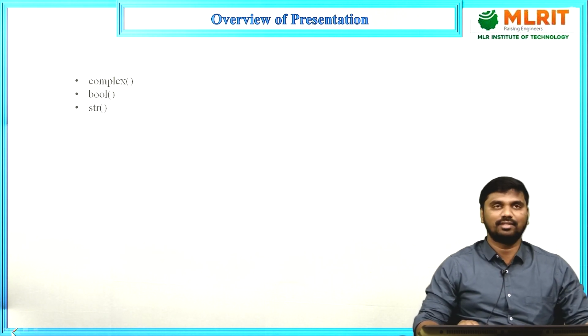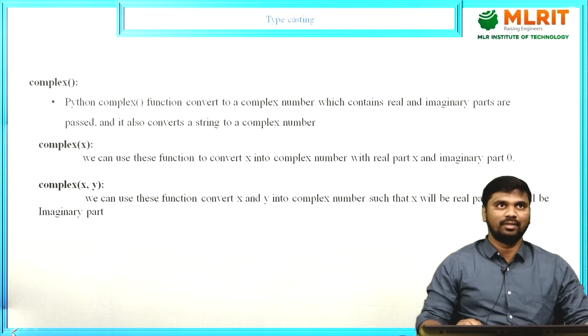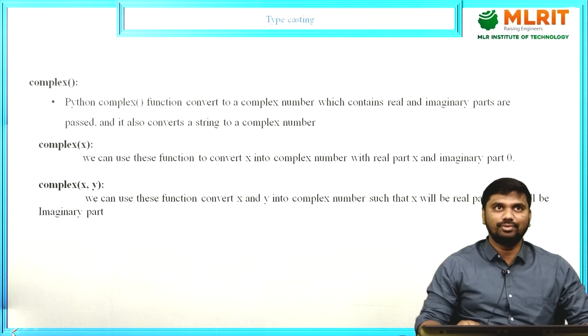First, let me discuss the complex function. The Python complex function is used to convert any type of value to a complex number. A complex number contains a real and an imaginary part.